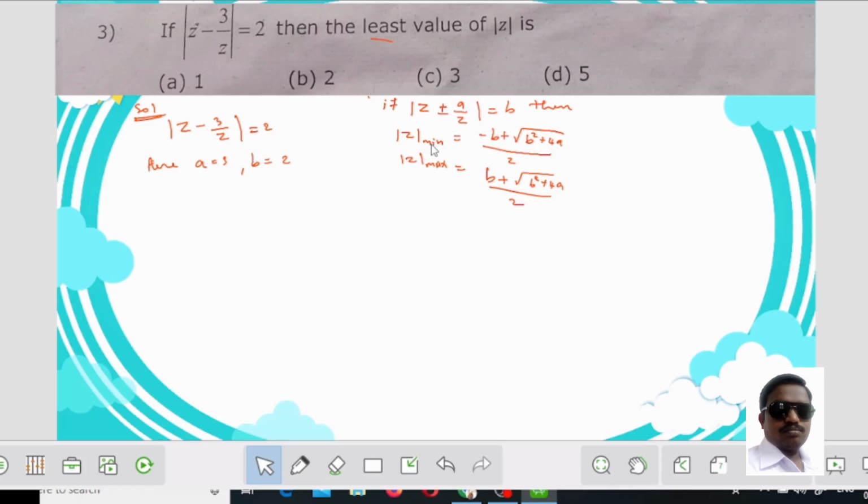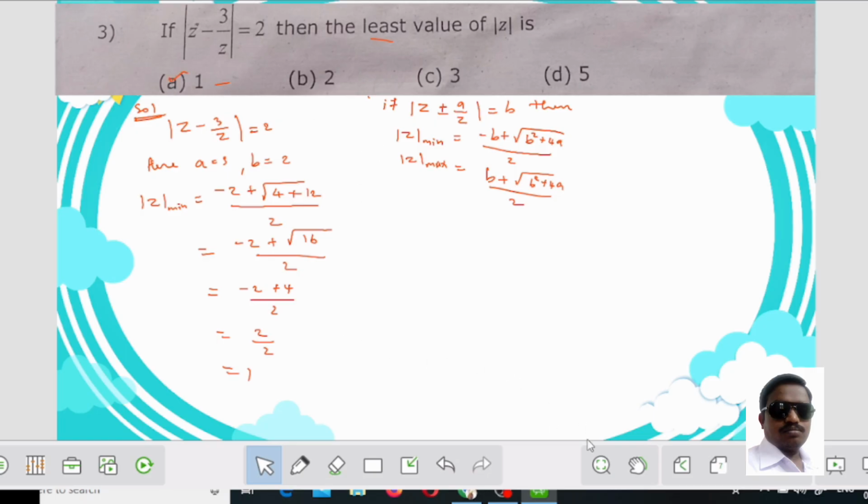So using these values in the formula, the minimum value of modulus of z equals minus b, that means minus 2, plus root of b square, which is 4, plus 4a, 4 into 3 is 12, by 2. That is minus 2 plus root of 16 by 2, that is minus 2 plus 4 by 2, that is 2 by 2. 1 is the least value of modulus of z. This is the right answer.